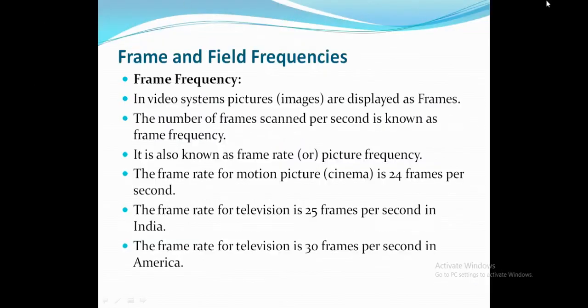So once see all the definitions and characteristics and the different types of scanning.